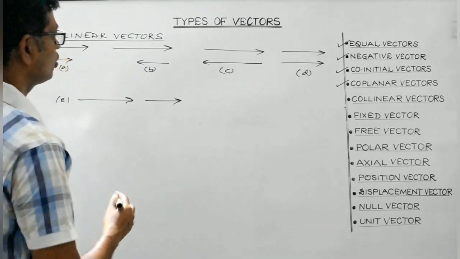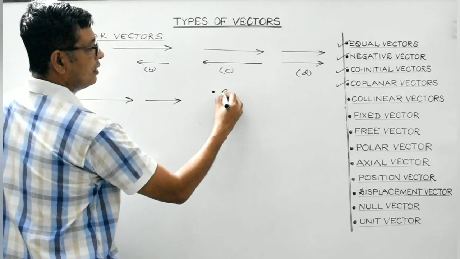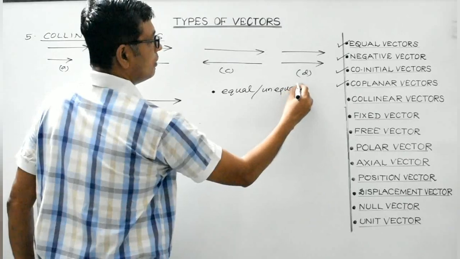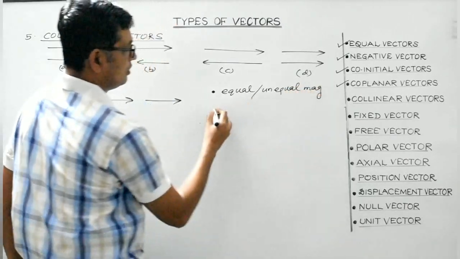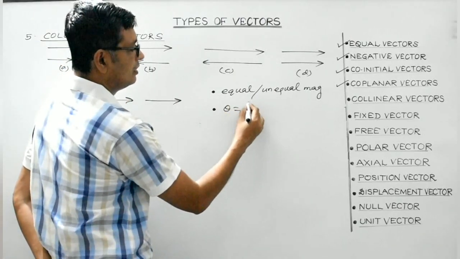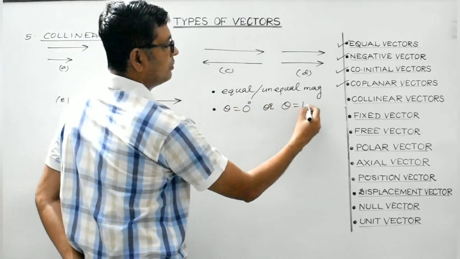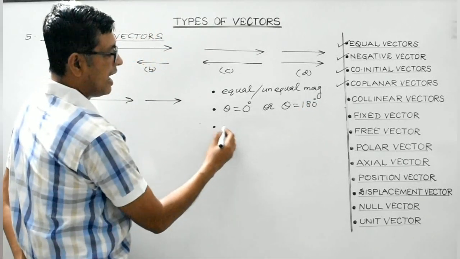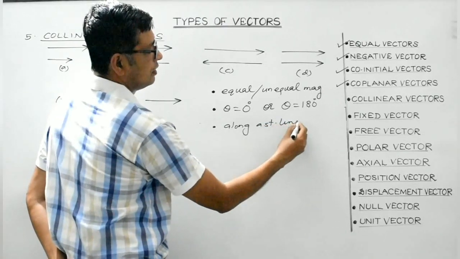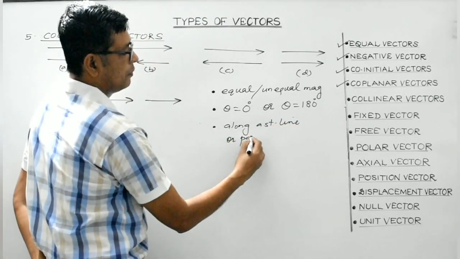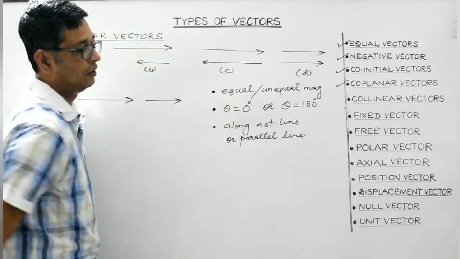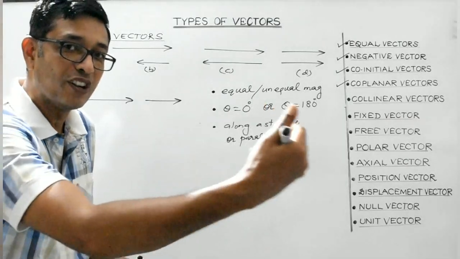For vectors to be collinear, they may be of equal or unequal magnitude, and the angle between them can be either 0 degrees or 180 degrees. They can act along a straight line or parallel lines. Clear students? Along the same direction or in the opposite direction.